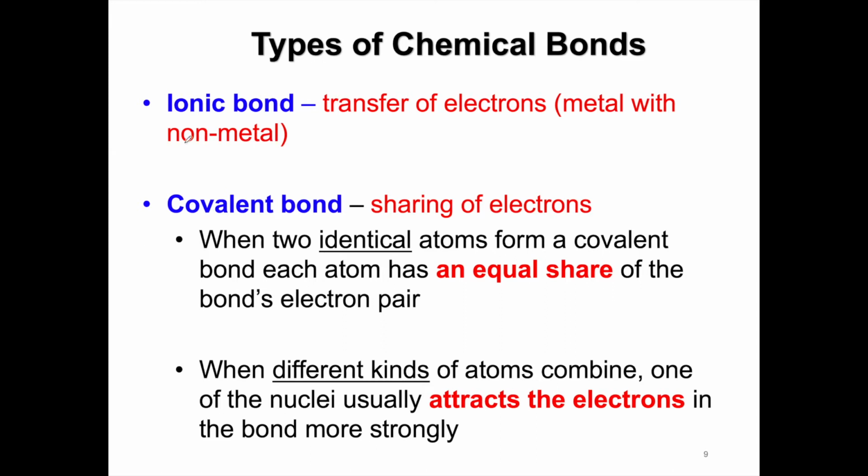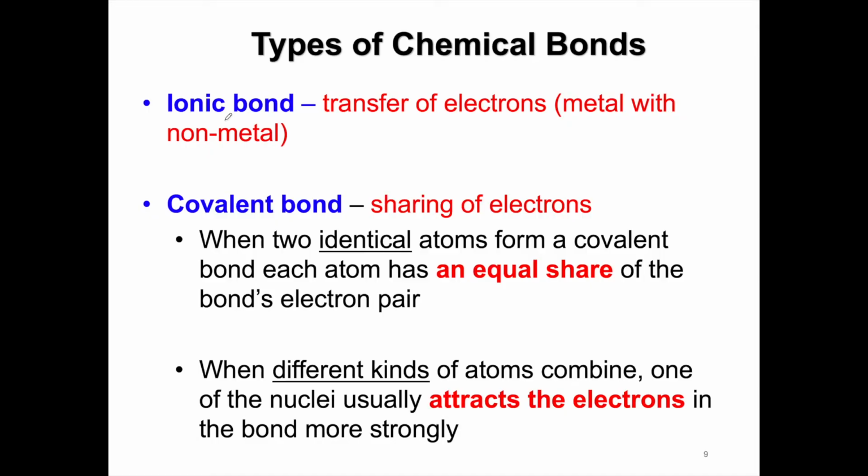The first one is ionic bond. This ionic bond actually occurs between metal and non-metal, where we have the transfer of electrons between cation and anion. For example, let me show you the formation of sodium chloride.